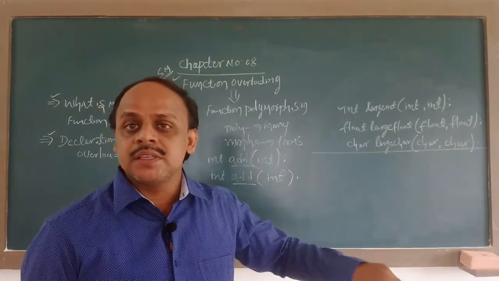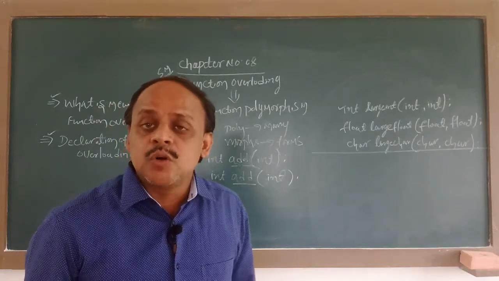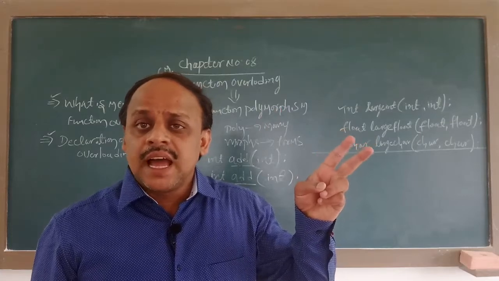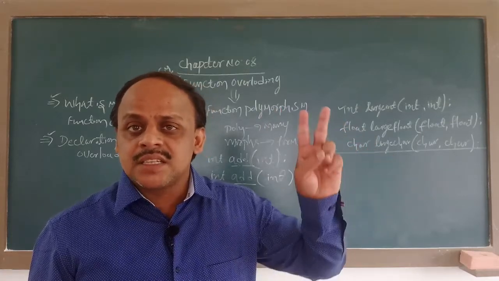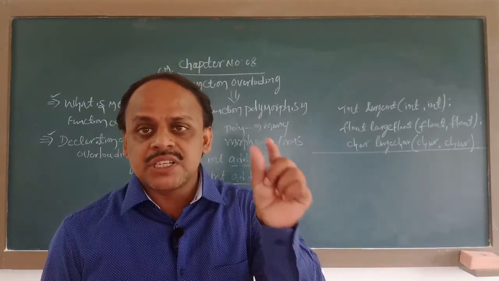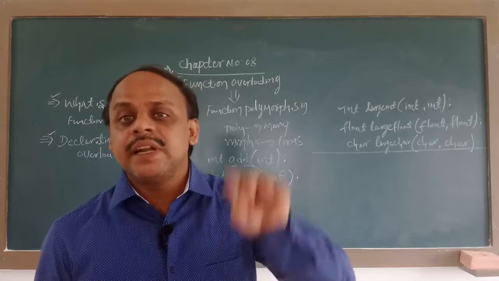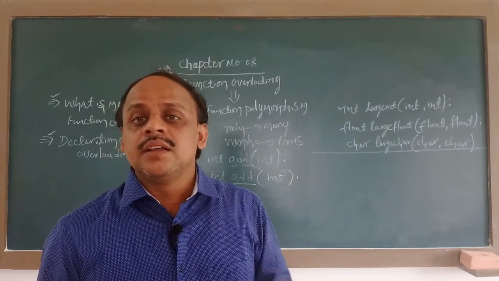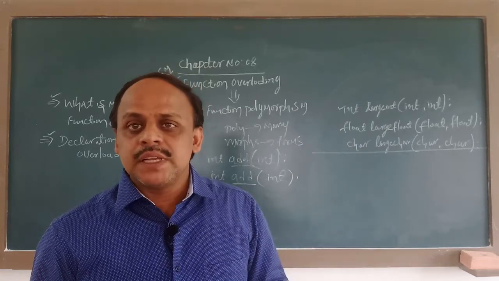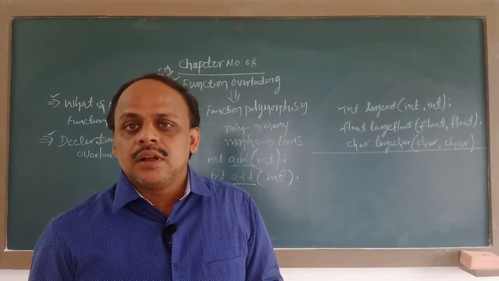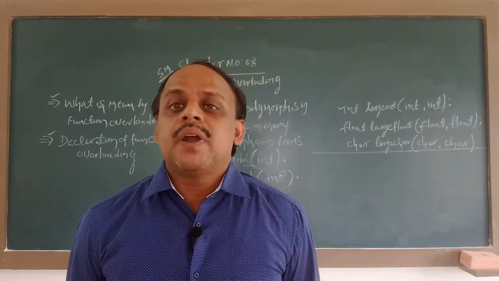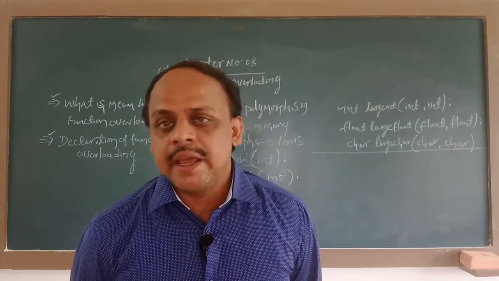But in C++, using the concept of function overloading, it is possible to find the largest of two integers, two floats, and two characters with the same function name with a different signature. That is the function overloading concept used in C++, and using it we can have a number of functions with the same name.